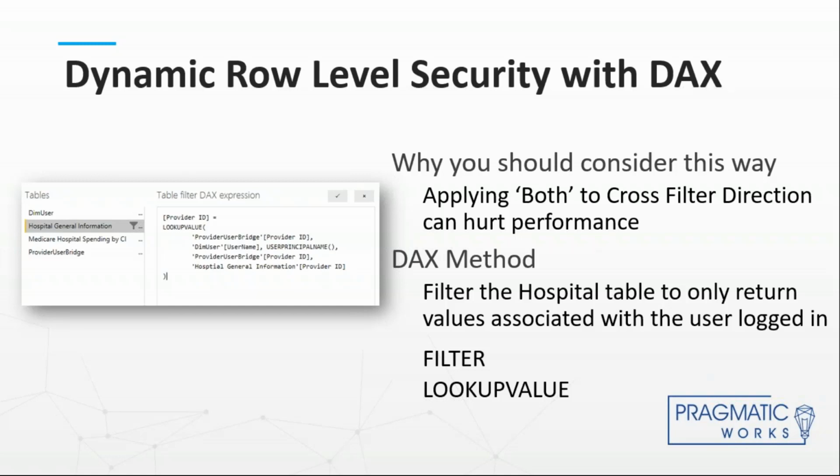It's going to do a quick lookup and verify whether rows exist in the bridge table between the security tables I have, the user table and the user bridge table. So this is really the better option. You don't have to modify a bunch of your relationships like we did in the first example, and it's going to perform faster when you're dealing with larger sets of data.